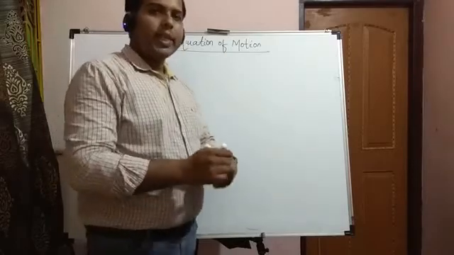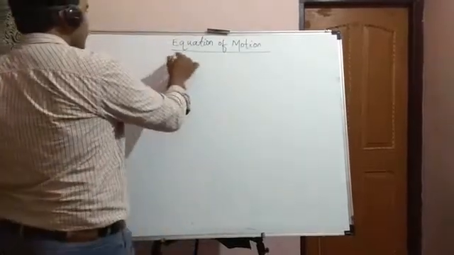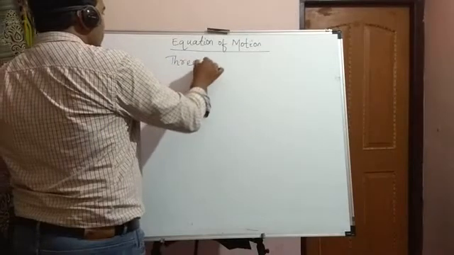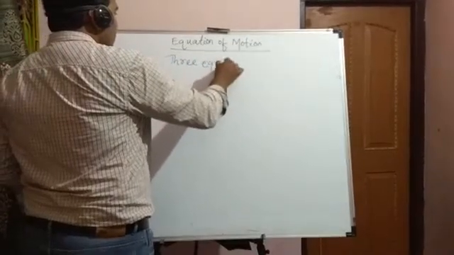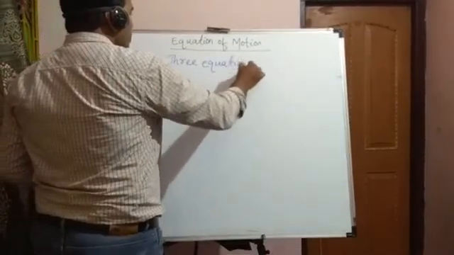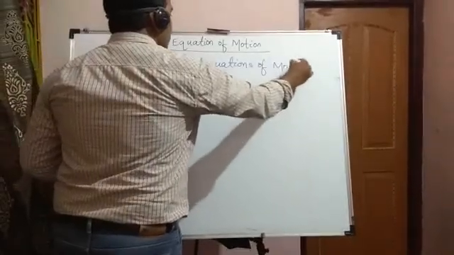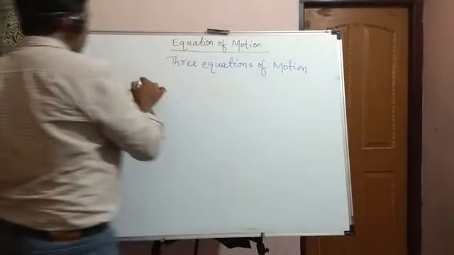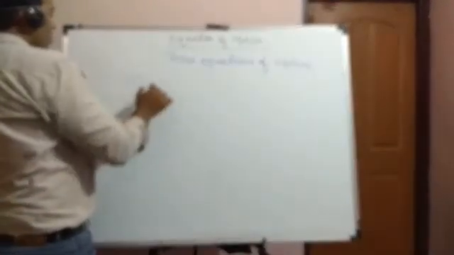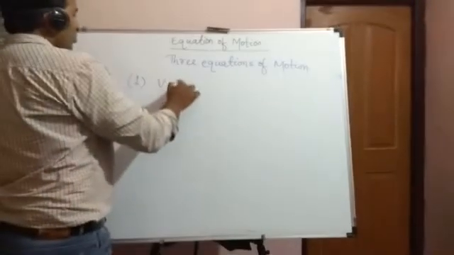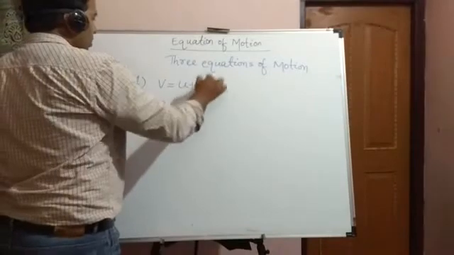There are generally three equations of motion. The first one: v is equal to u plus at.